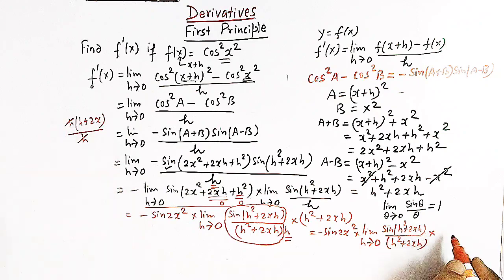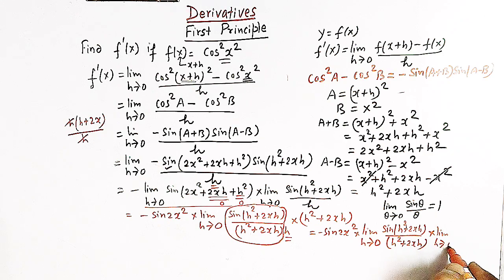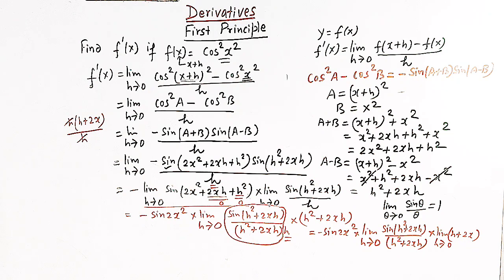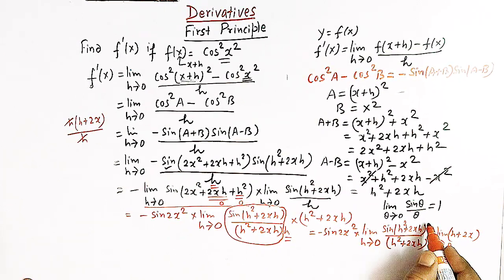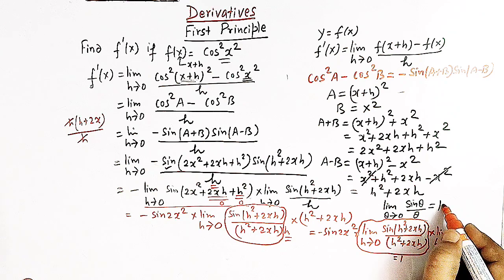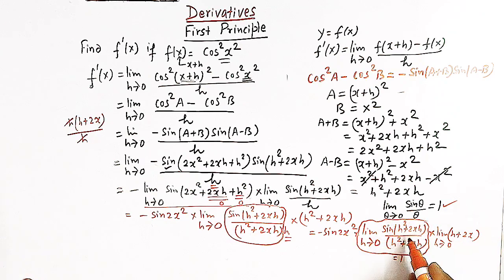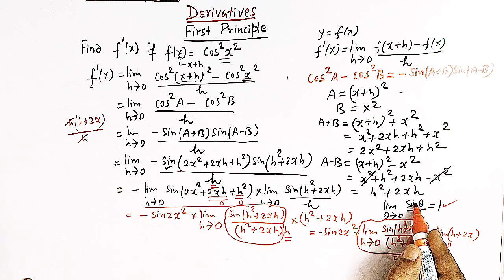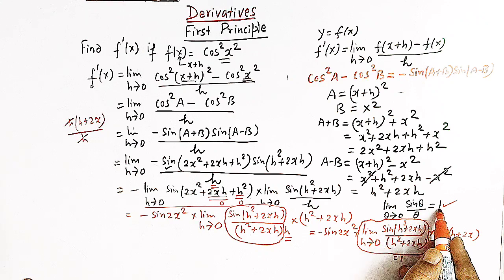So here we have limit h tends to 0, and we have h plus 2x, right? So now the value of this limit is equal to 1 due to this result, sine theta over theta. And remember, when theta tends to 0, sine theta over theta is equal to 1.